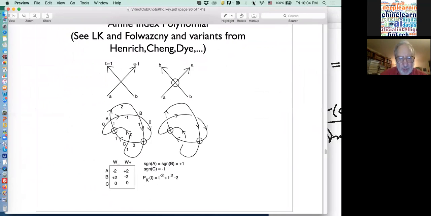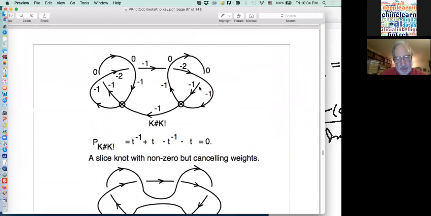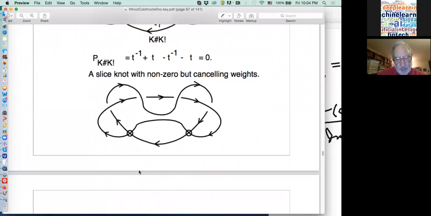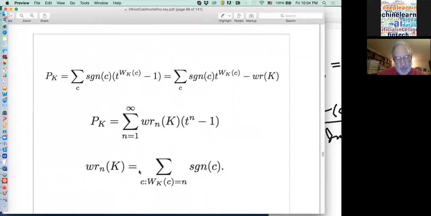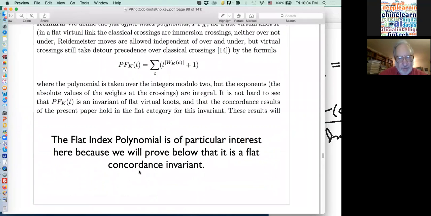So here we are, and then here's a simple example. You would see that if you take the connected sum of K in a mirror image, it'll come out 0 because everything over here cancels everything over there. Well, there's our definition. I won't worry you about it further.